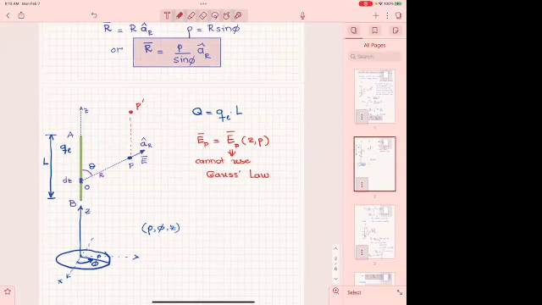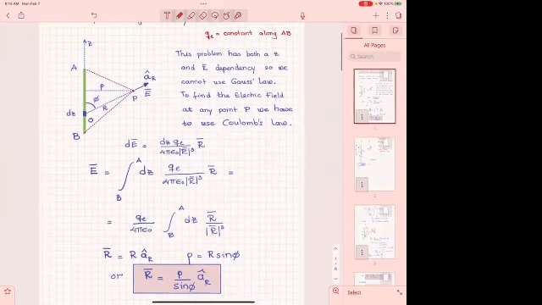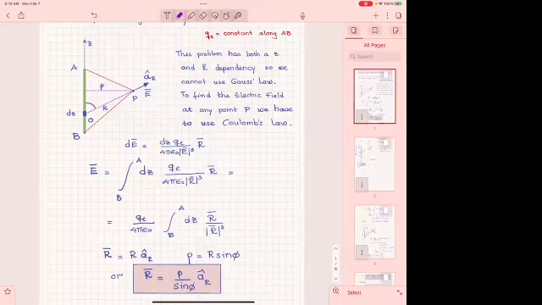Okay. Having said that, we now go back to this problem and say, I'm now going to use Coulomb's law. Let me call that angle theta.